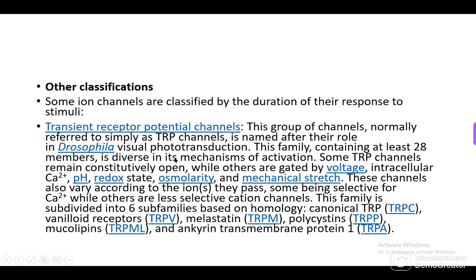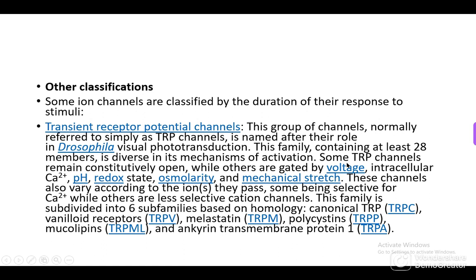The other classifications they have also done, and these are the transient receptor potential channels, which are seen in Drosophila. This is a fly, actually a specific fly, where phototransduction occurs. The transient receptor potential channels, TRP channels, remain constitutively open, while others are gated by voltage.